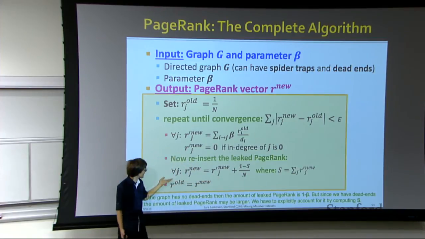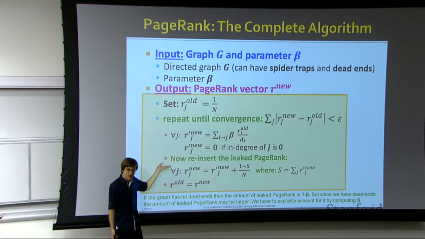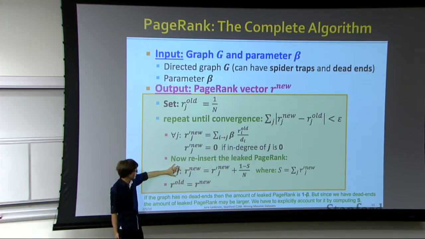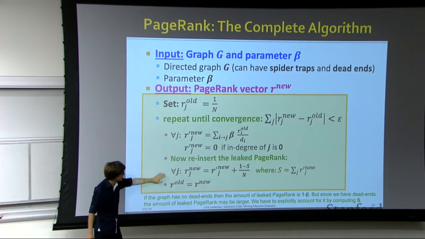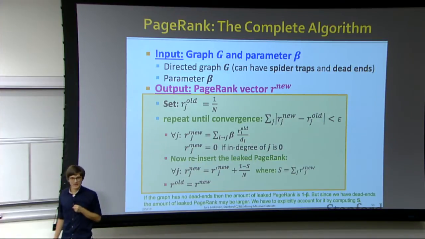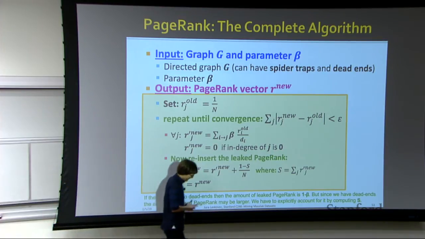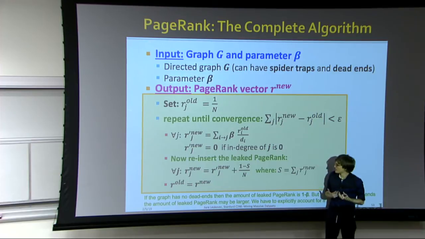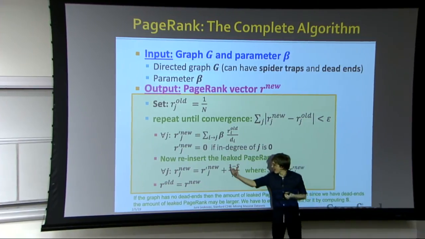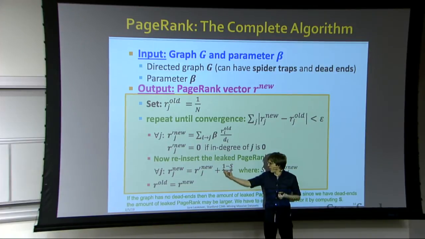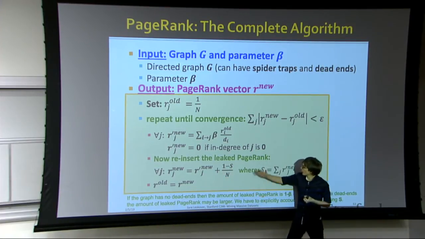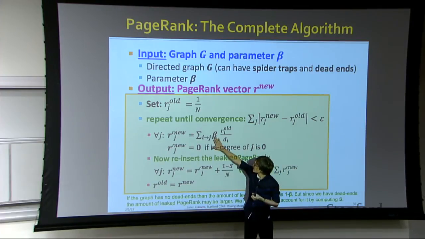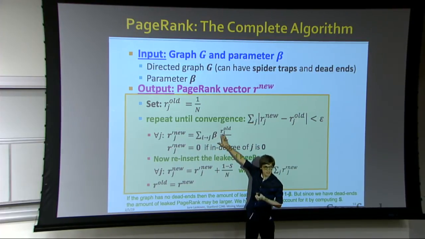So this means that here I'm inserting whatever the PageRank leaked, either due to random jumps or due to dead ends. This formulation allows you to deal with dead ends. In my previous slide, I assumed there are no dead ends, and if there are no dead ends, then the value of this term would be (1 minus beta) over N. But if there are dead ends, then this is basically beta times M times r.